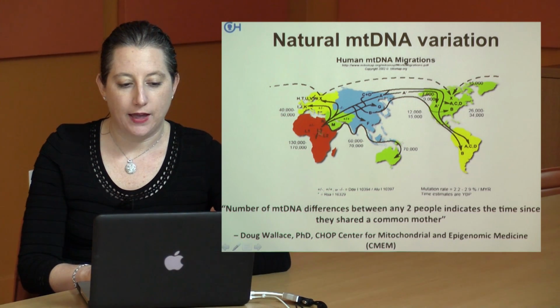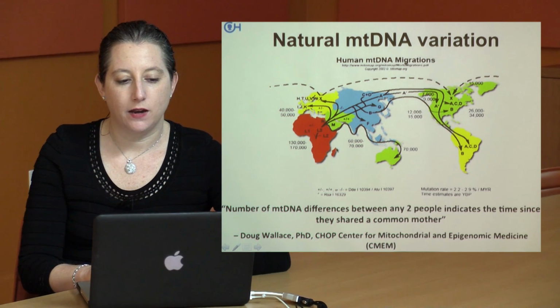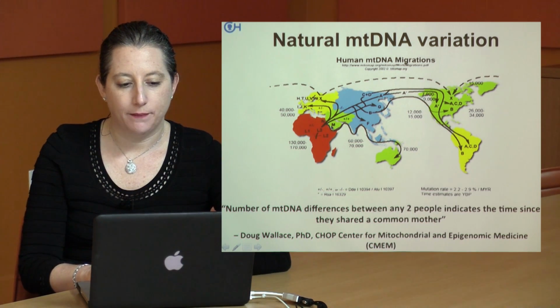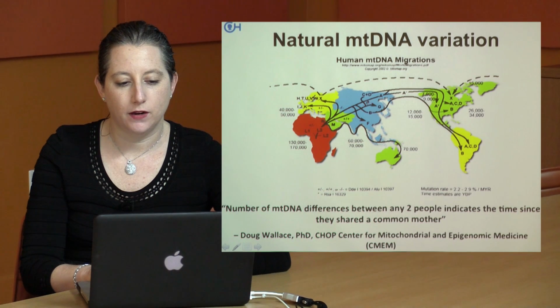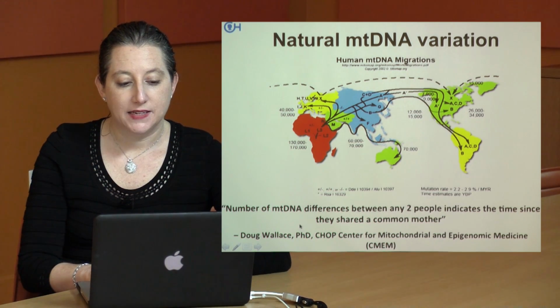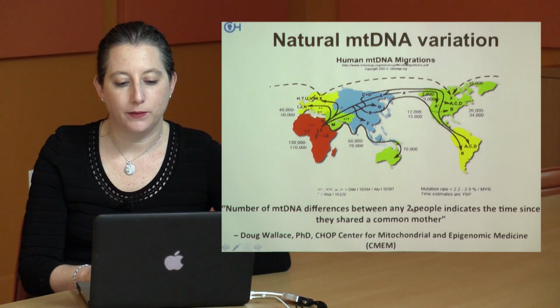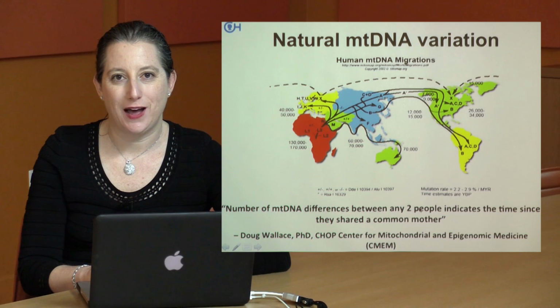Researchers, including at CHOP and University of Pennsylvania, have established that based upon known migrations of humans, which originated in Africa and left about 50,000 years ago, these different letters are used to track the mitochondrial DNAs of different native peoples all over the world. What's fascinating is that the number of differences in the mitochondrial DNA genome between any two people indicates the time since they shared a common mother.